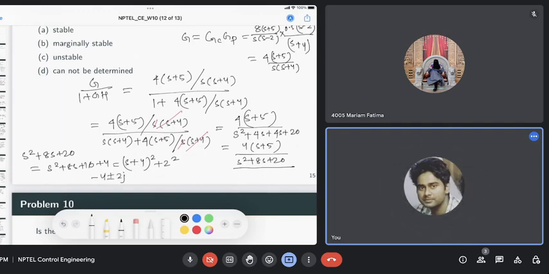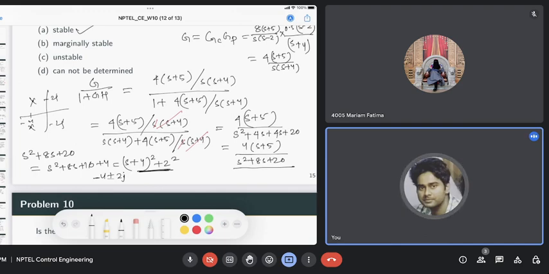These are complex conjugate poles located at minus 4, with imaginary parts 2j and minus 2j. These poles are in the left half of the plane, so the system is actually stable.